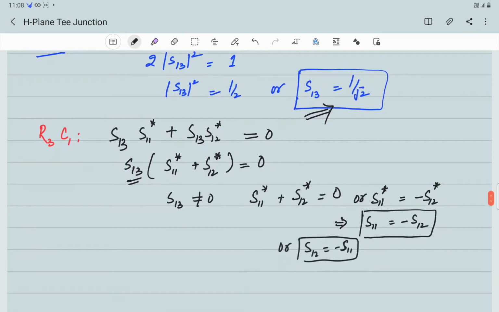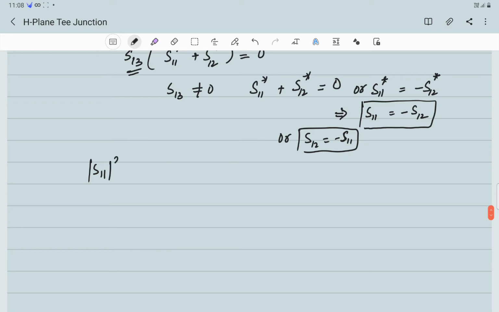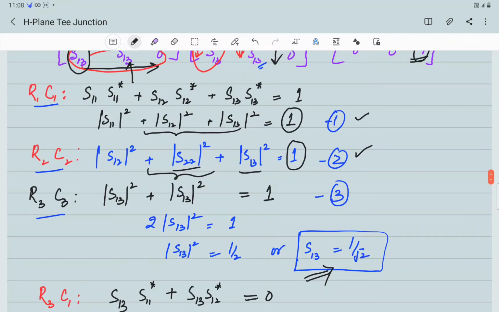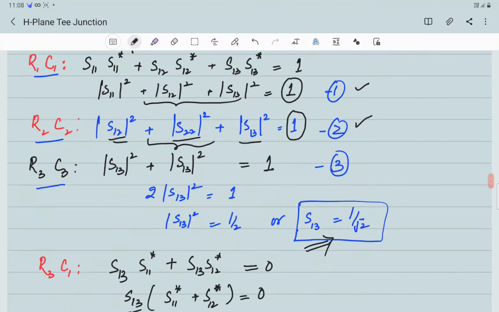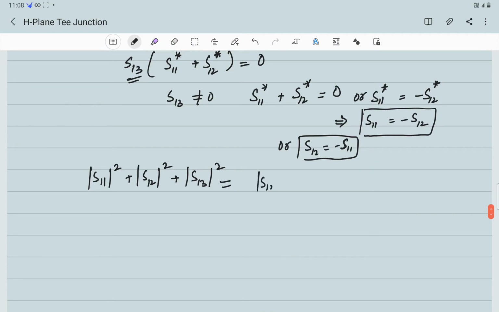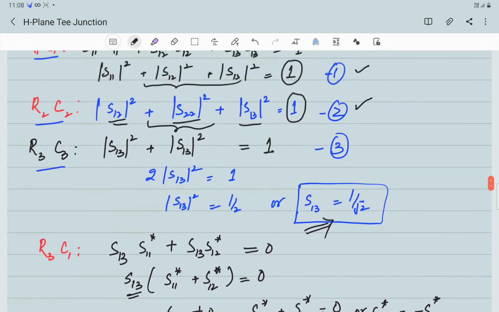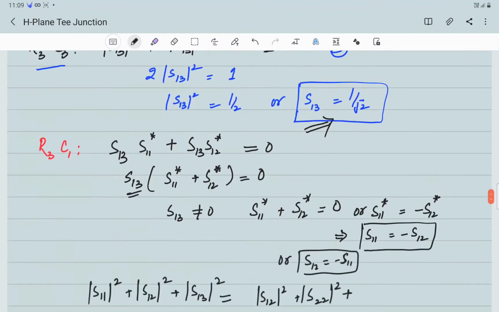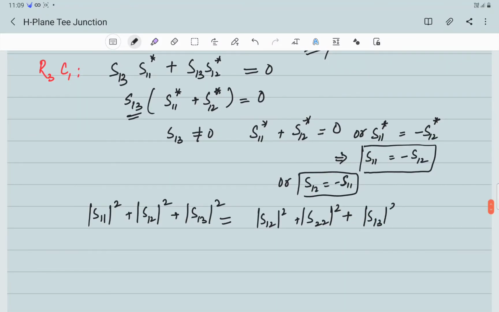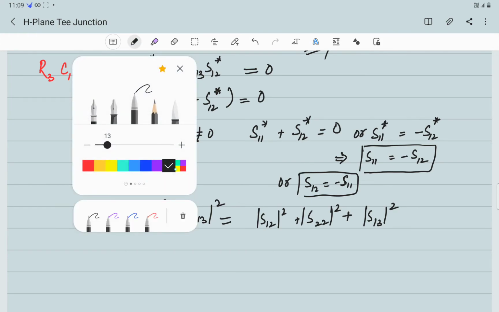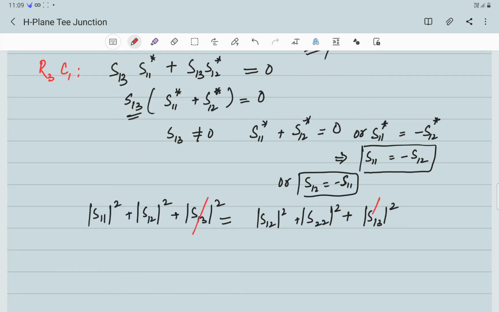See, S13 square is on both sides. Likewise, S12 square is on both sides.